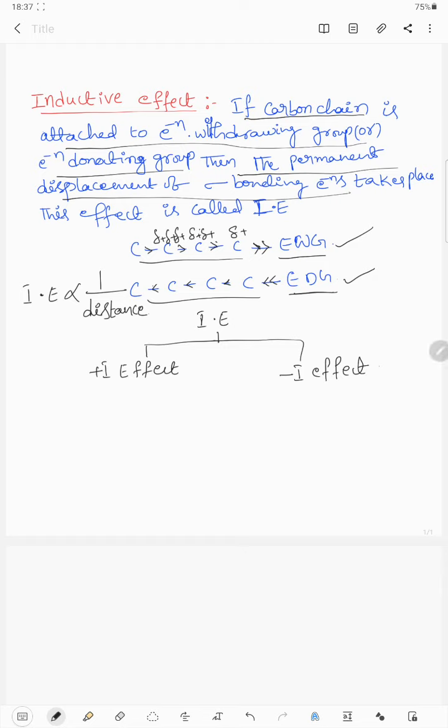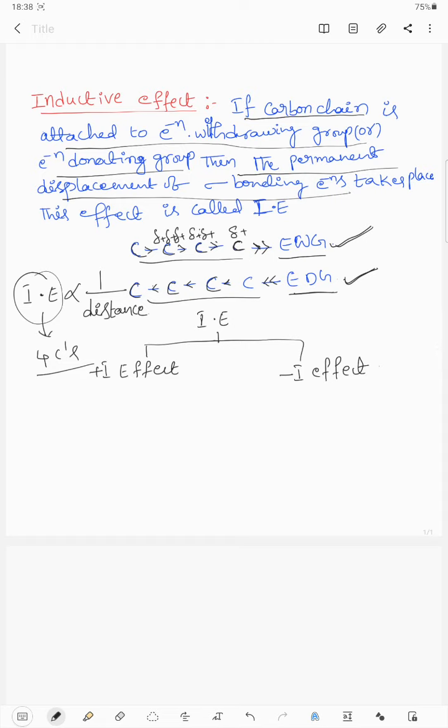So the inductive effect extends maximum up to 4 carbons only. Whether an electron withdrawing group or electron donating group, the inductive effect at the first carbon is the most, the second carbon somewhat less, the third carbon less, and the fourth carbon very less. After the fourth carbon there is no inductive effect.